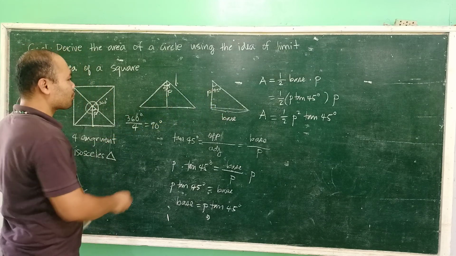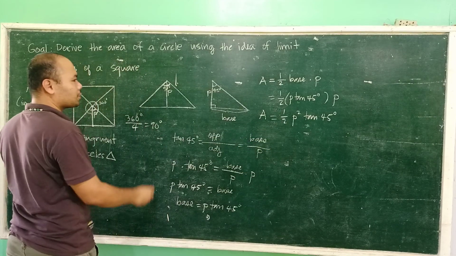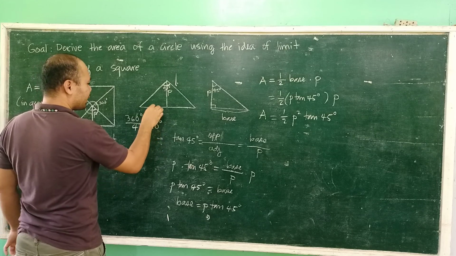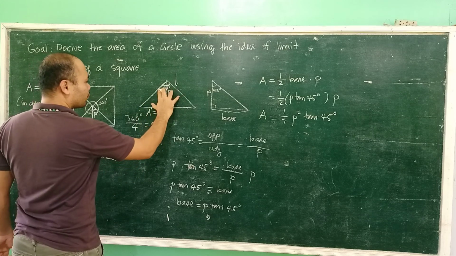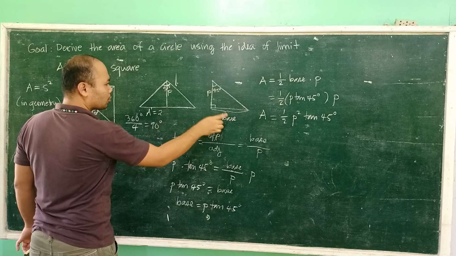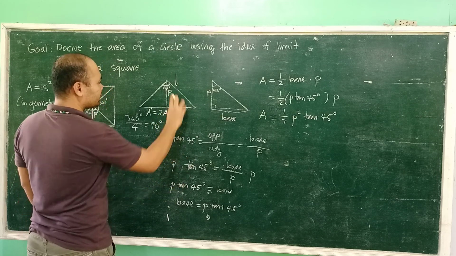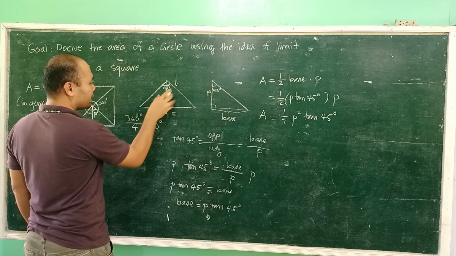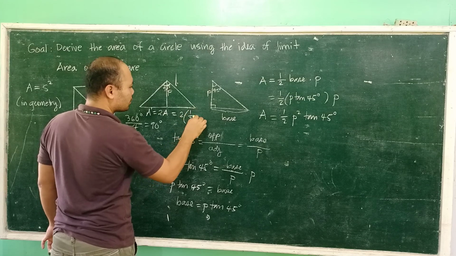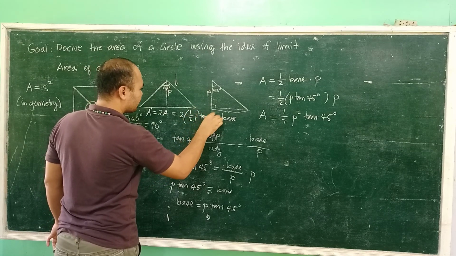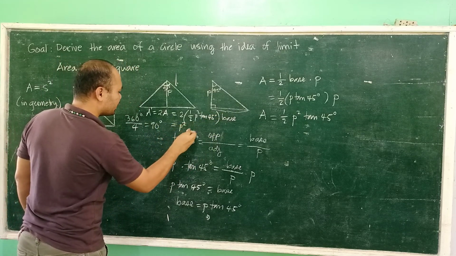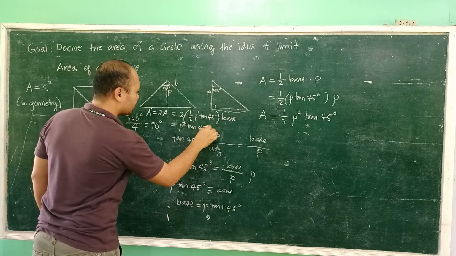So what is the area of this? You just have to multiply it by 2. Let's say A prime. The area of this isosceles triangle is just twice A. This is A and this is A. So the area of the whole is twice times 1/2 P squared tangent 45 degrees, which is just P squared tangent 45 degrees.